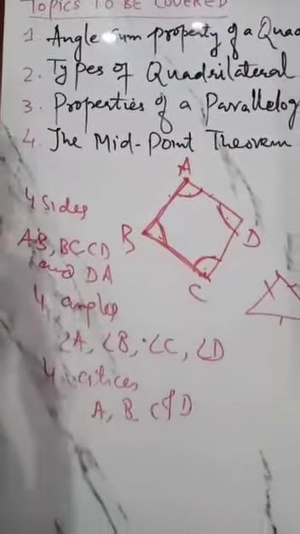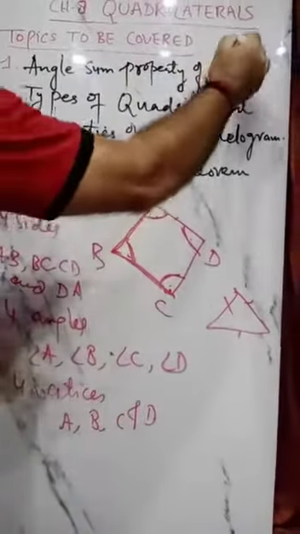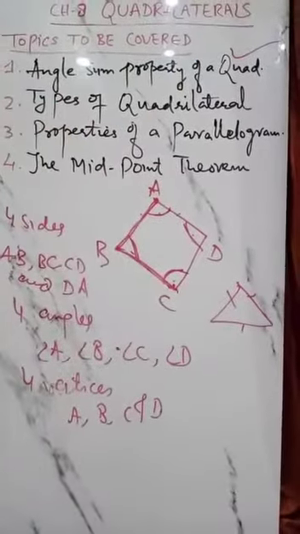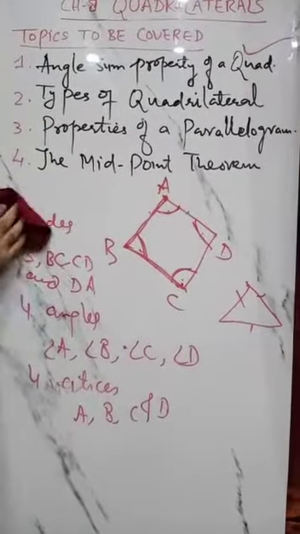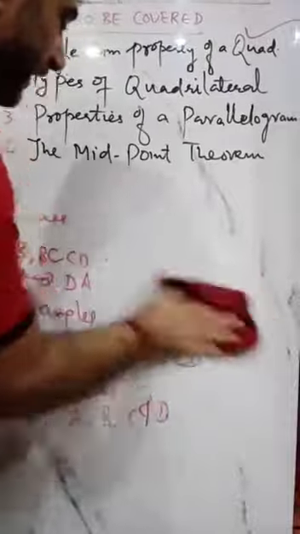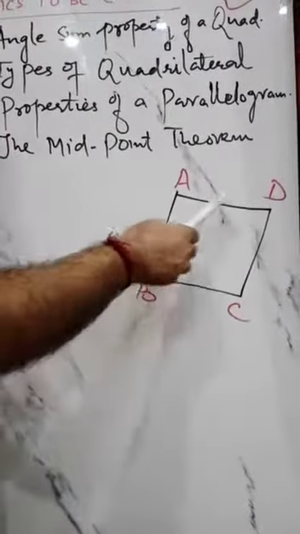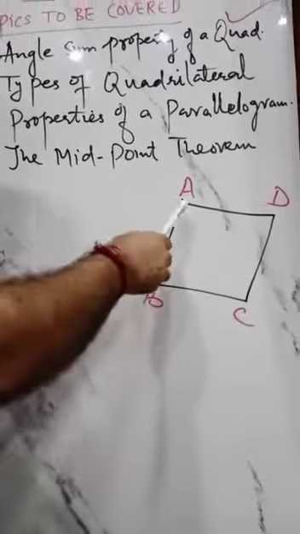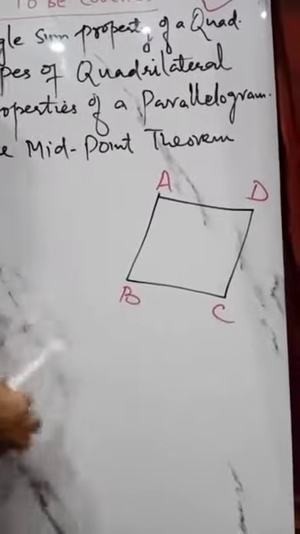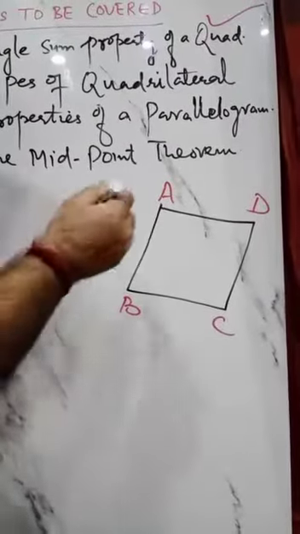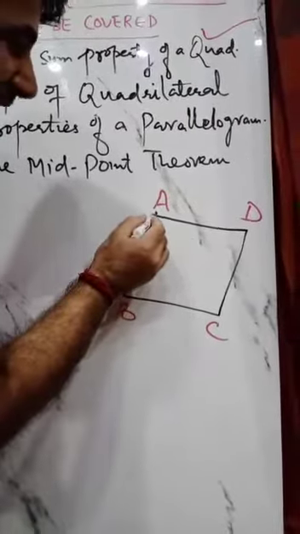Now let us move to the first topic, the angle sum property of a quadrilateral. Let ABCD be a quadrilateral. What we will do is draw one diagonal.